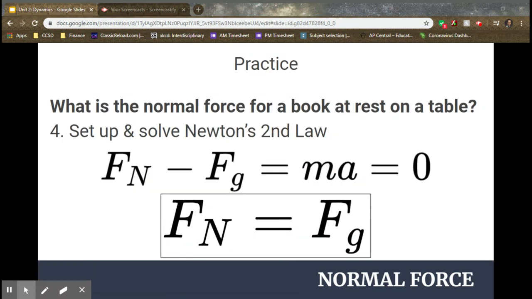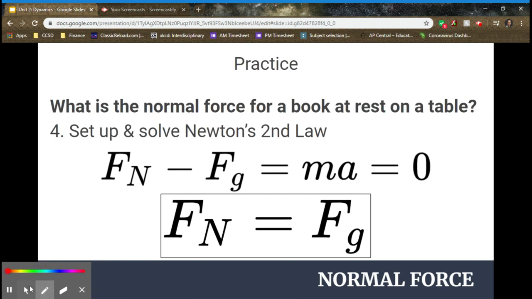Okay, so now that we have this set up, it's important to note something. There's a keyword. We've talked about keywords before. The keyword here is that the book is at rest. What does at rest mean? At rest means that it's not moving, it's not accelerating. If an object's not moving, it is not accelerating. So we can take Newton's second law and set it equal to 0 because our acceleration is 0.